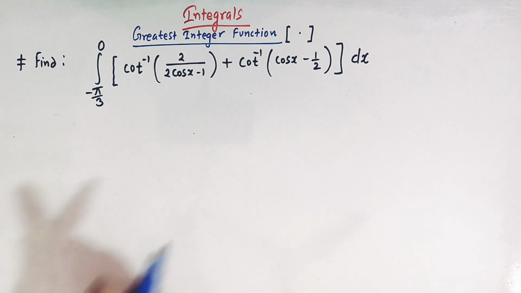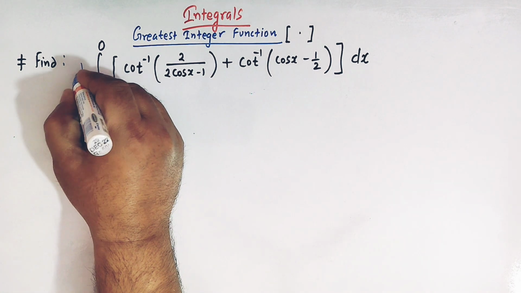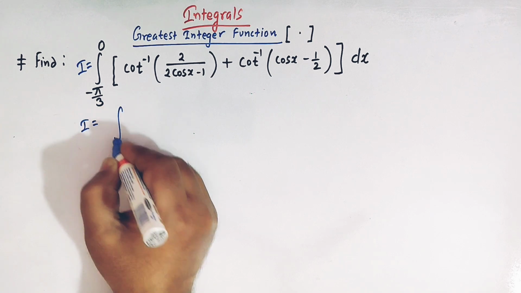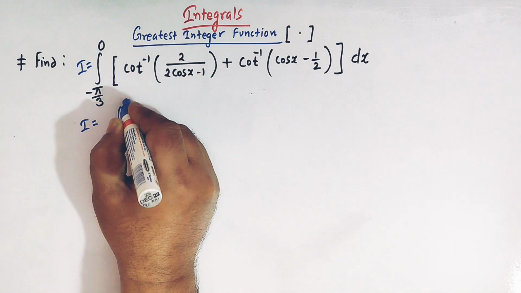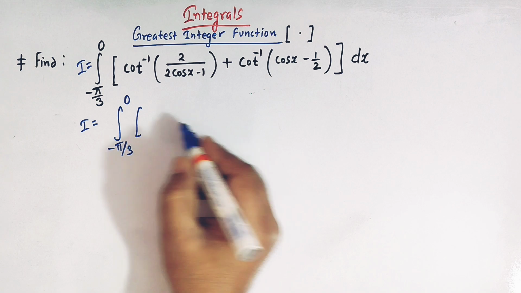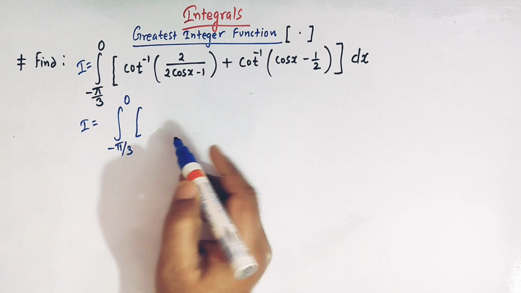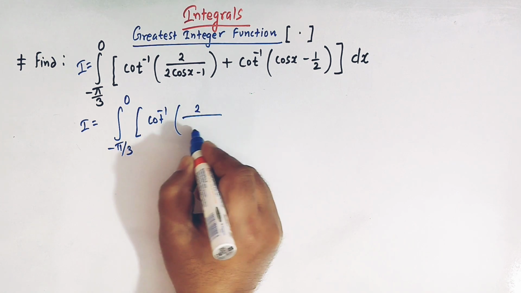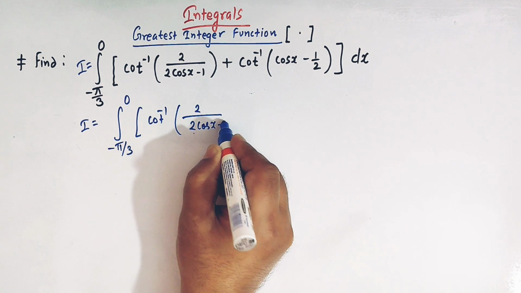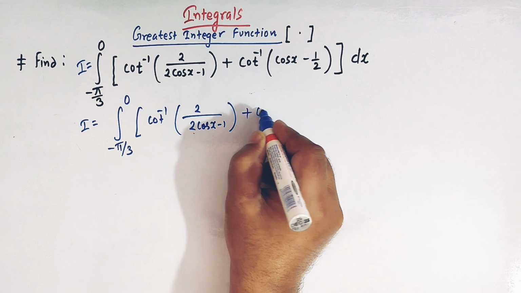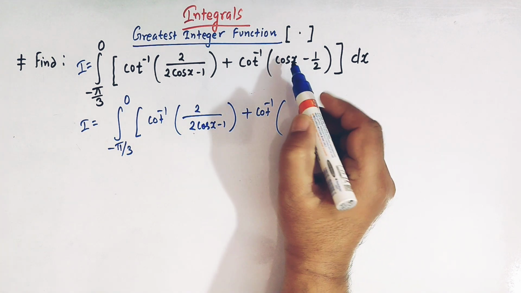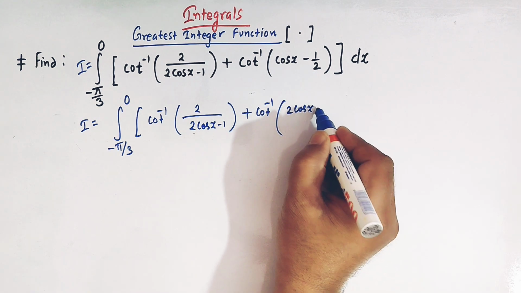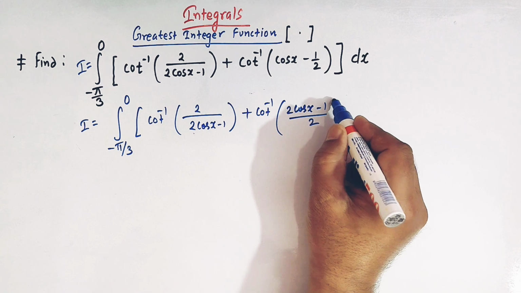Let us write this integral as I. So I can be written as the integral from minus pi by 3 to 0 of the greatest integer of cot inverse of 2 divided by 2 cos x minus 1 plus cot inverse of cos x minus half, which can be written as 2 cos x minus 1 divided by 2.